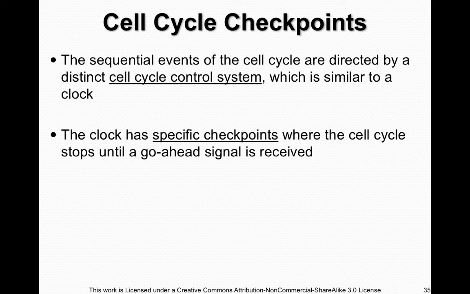And throughout the sequence, there are checkpoints just to make sure that we have all the proteins and enzymes available. For instance, how do we know to get to the midpoint before we divide? And there are checkpoints that do that.